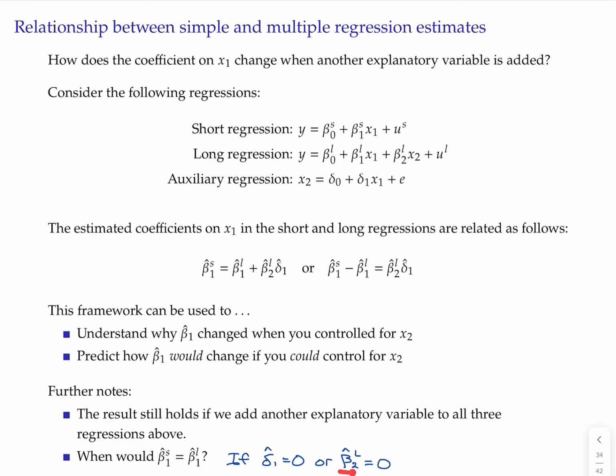This is also the case where you add the new variable and its association with y in the long regression, conditional on x1, is 0. So effectively you've added a variable that doesn't matter, or at least doesn't matter conditional on having included x1. That's a less common case. This case does actually come up in the analysis of experimental data. So that's the framework.